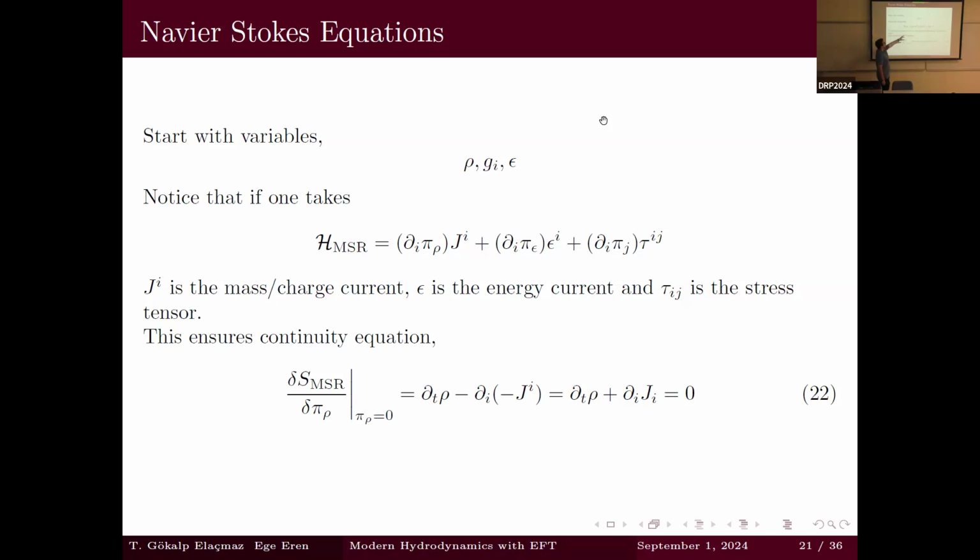And these are the densities of these objects that we will use as our variables in the Lagrangian. If we take the Hamiltonian to be these, where these are just the currents of the conserved quantities, where Ji is the mass charge current, epsilon is the energy current, and tau ij is the stress tensor, this ensures automatically that the continuity equation holds, which is given in 22.